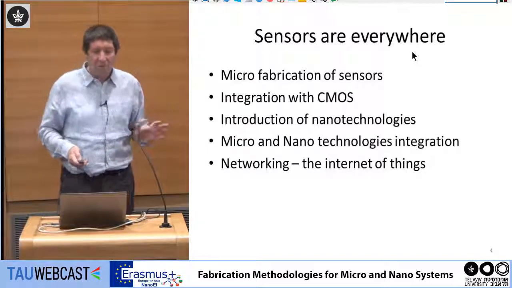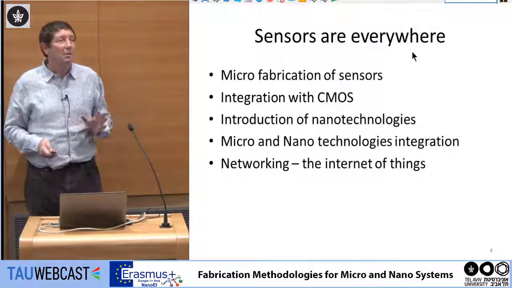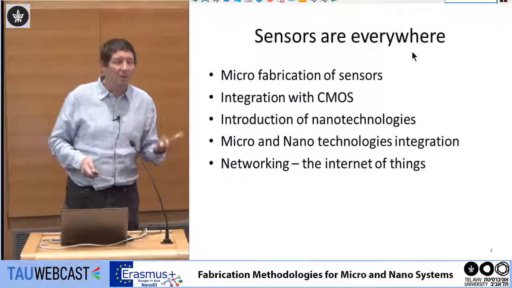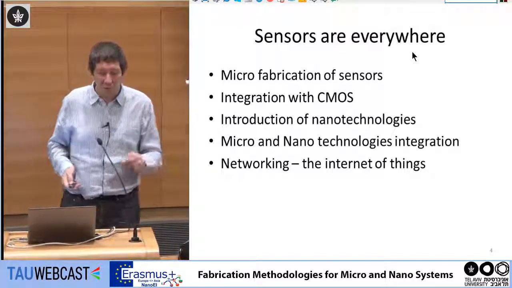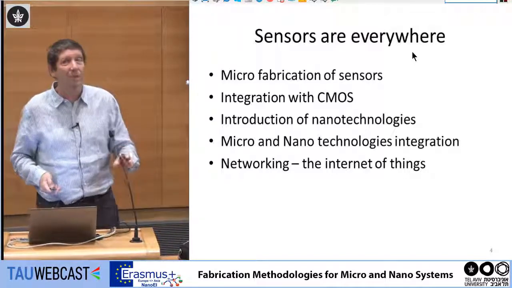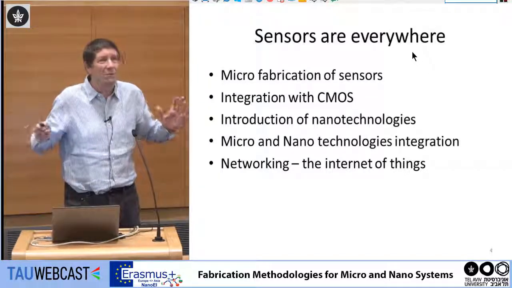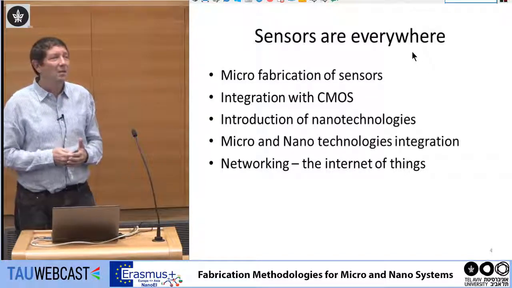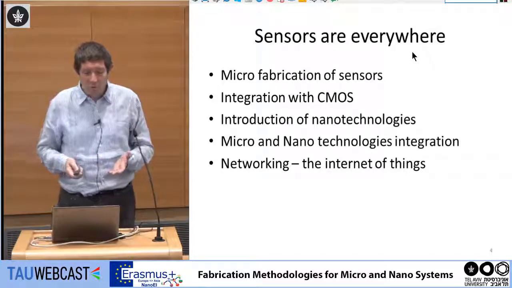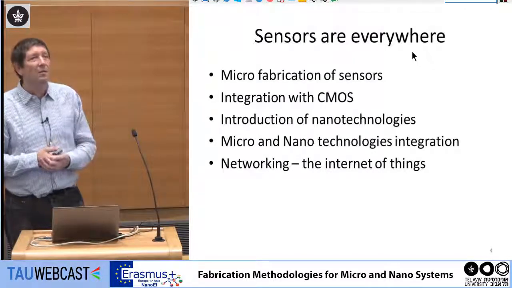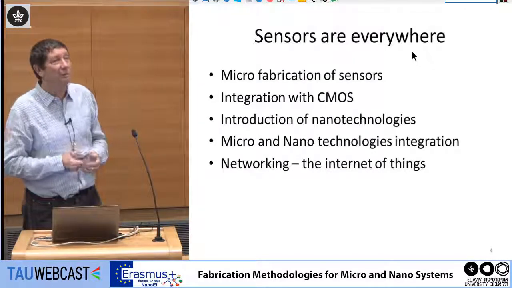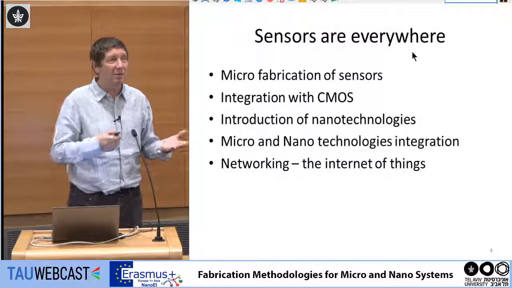And sensors are everywhere. One of the reasons I decided to introduce sensors for this class, for the first time, is that usually we talk about transistors, but what's happening now is the revolution of the Internet of Things, where you put sensors everywhere and you integrate them with existing technology.